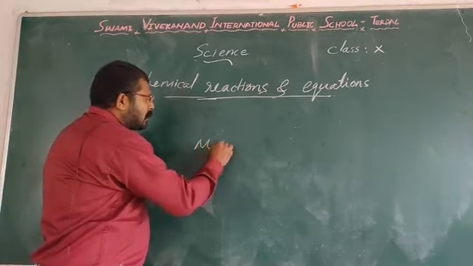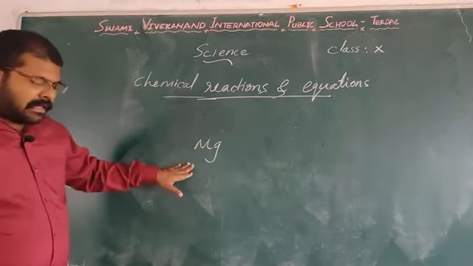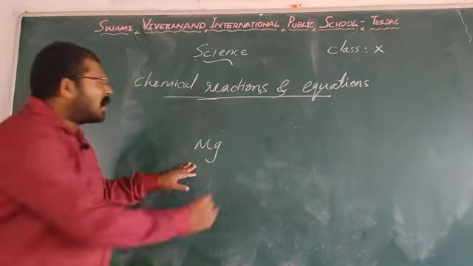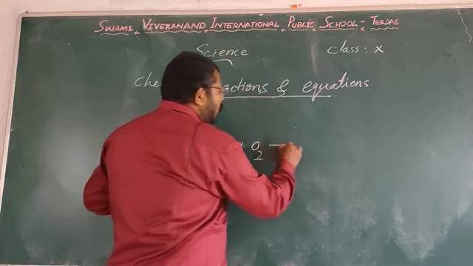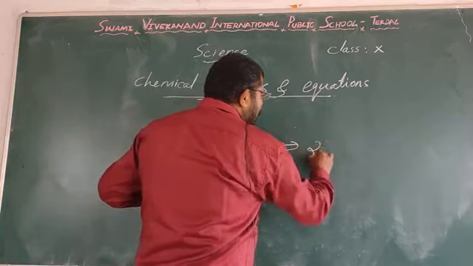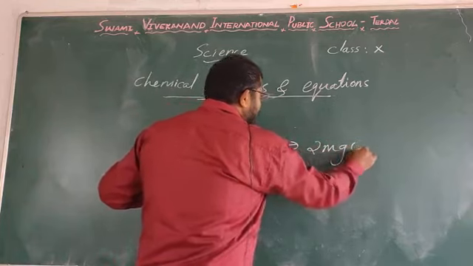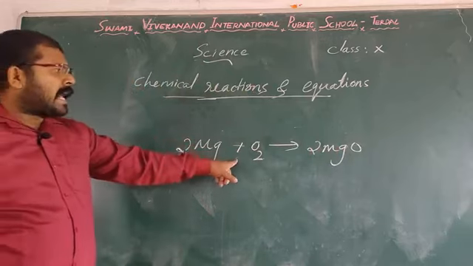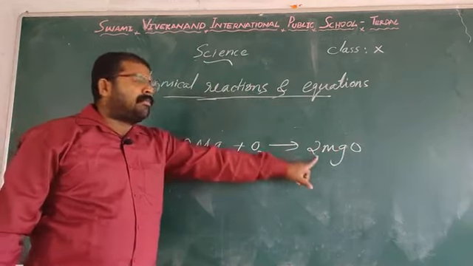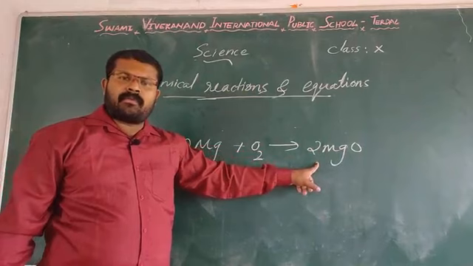Magnesium reacts with oxygen to form magnesium oxide. That means 2Mg reacts with oxygen to form 2MgO.